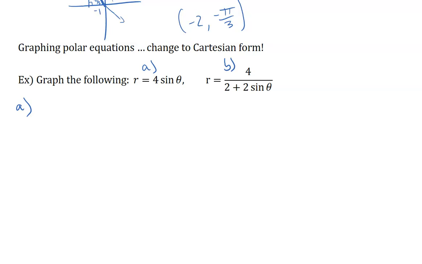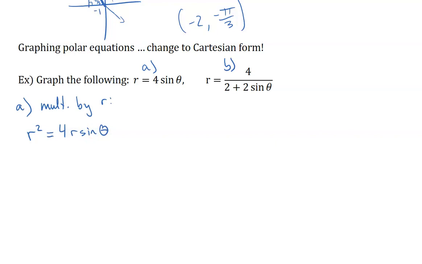Well, I could get another r, not by moving this r over, because that's not how algebra works, but by multiplying by r on both sides of this equation, and then I end up with r squared equals 4r sine theta.